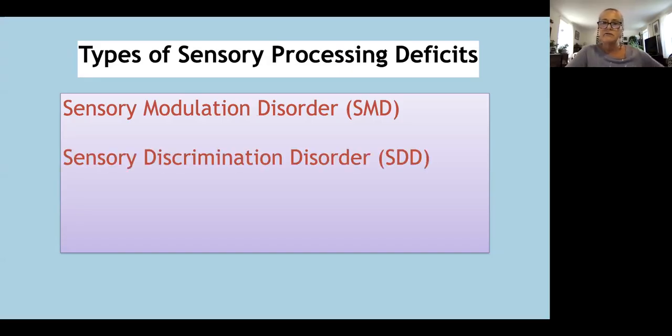Then there's sensory discrimination disorder, and that's having individuals that are not quite sure what to do, or sequencing the desired movements and executing those movements in a well coordinated, timed manner.